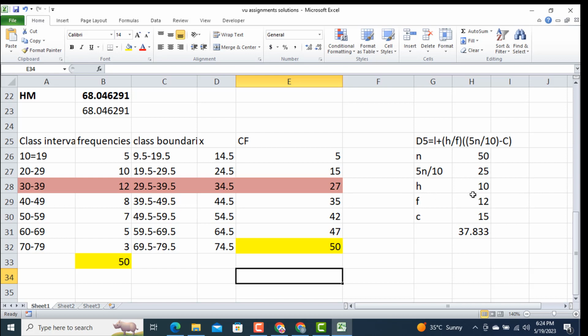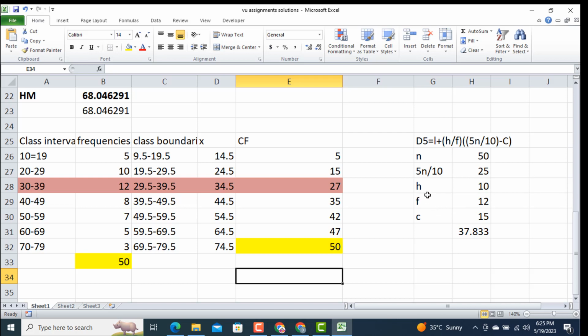H is 10. Taking the difference between the lower limits of consecutive groups or classes, we will get this 10. Look at this: 20 minus 10 is equal to 10, 29 minus 19 is 10. Look at these class boundaries: 29.5 minus 19.5 is 10, 39.5 minus 29.5 is 10. So h is equal to 10, and the frequency is 12.